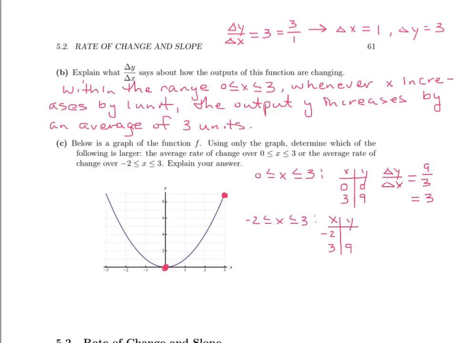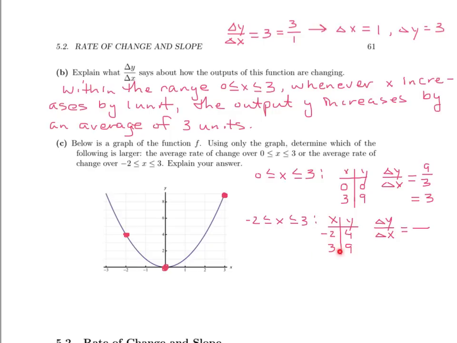We've already seen that. When x is -2, we can see that we're at this point on the graph and our output is actually 4, so y is 4. Now let's go and calculate the change in output divided by the change in input. Remember that you take the ending value minus the starting value.